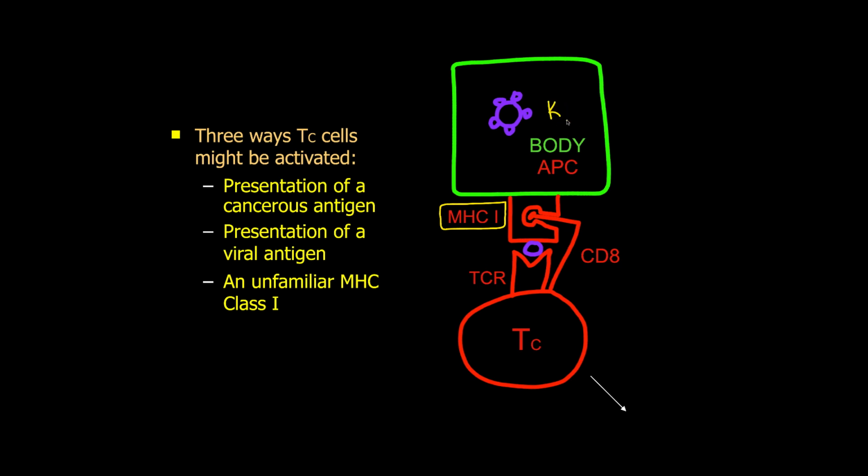If this kidney was a transplanted kidney from someone else, that would be cause for the cytotoxic T cell to reject that cell. And this is exactly the reason that we need to be concerned with these things when we get an organ transplant, right? So 3 ways a cytotoxic T cell will recognize that this cell is infected.